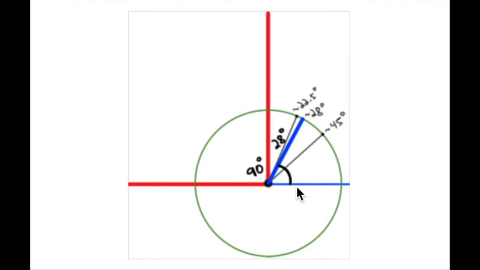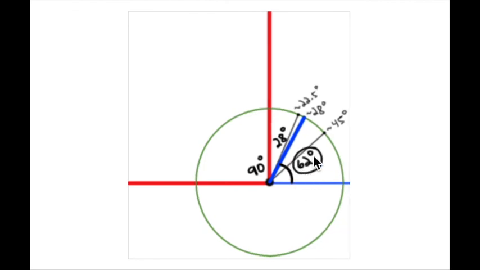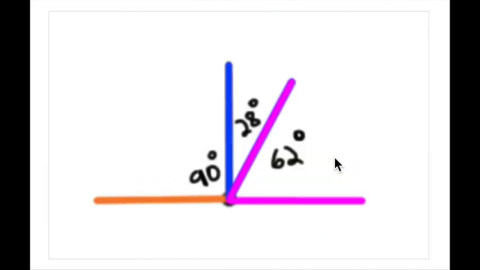So that makes this angle 62 degrees, because 62 plus 28 is equal to 90. And these 90 degrees plus these 90 degrees are the 180 degrees that is the sum of the 3 angles of a triangle. In this case, it's a right angle, 90 degrees, 28 degrees, and 62 degrees.